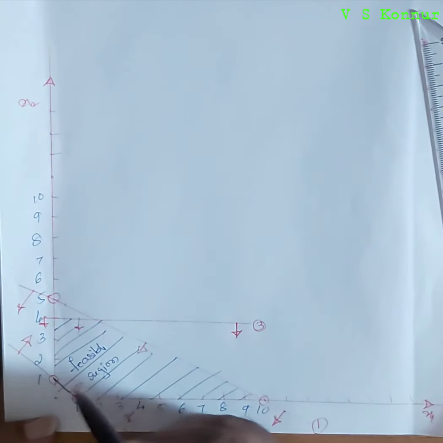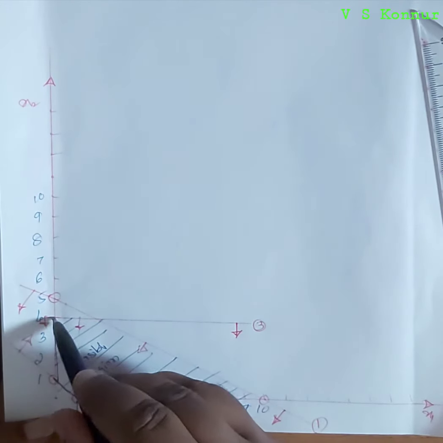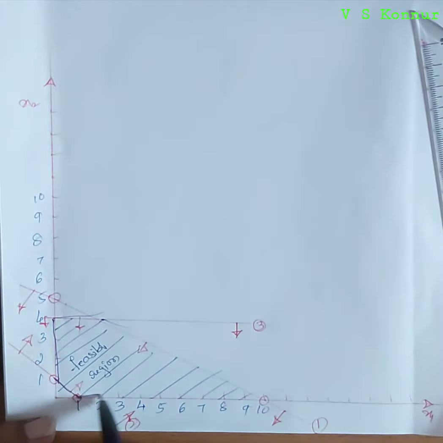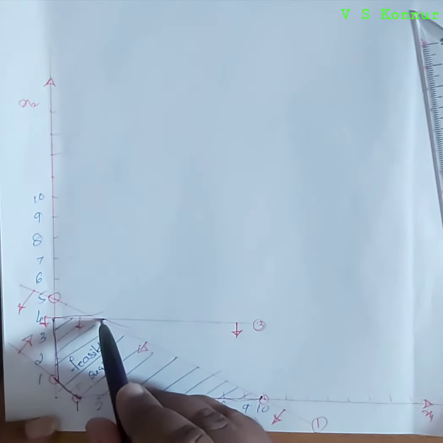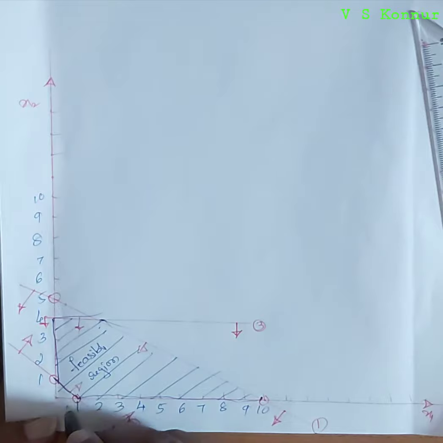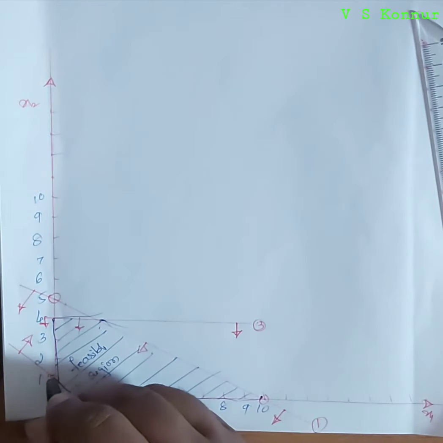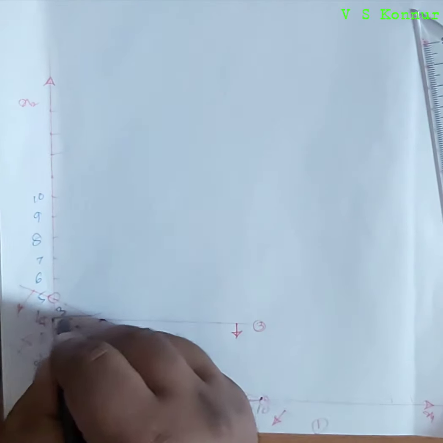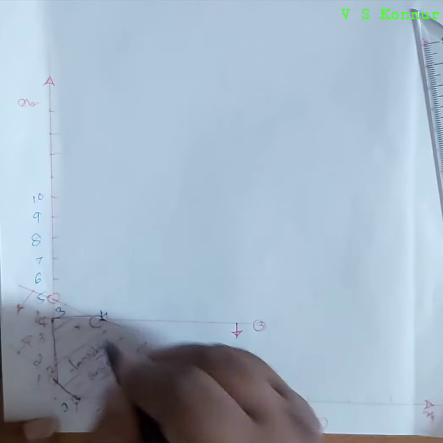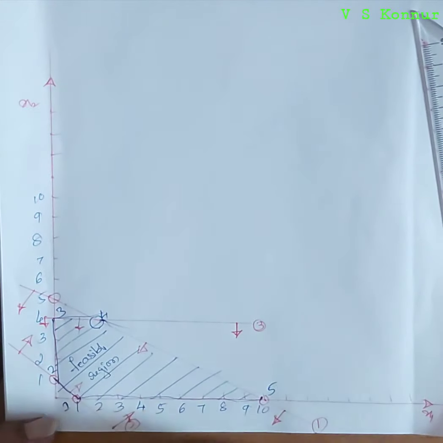Whatever is drawn with the blue is feasible. Then there are corners: this is the first corner, second corner, third corner, fourth corner, fifth corner.